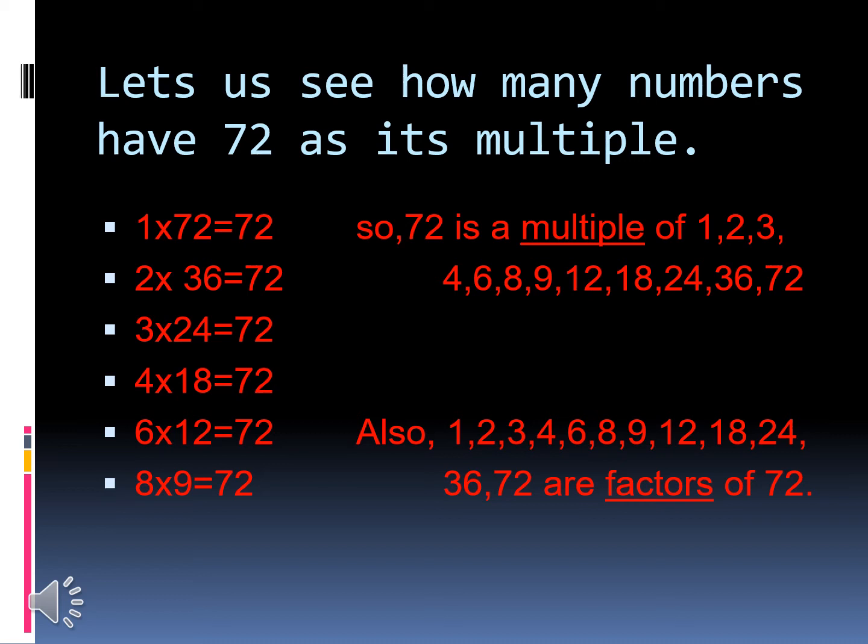Now if you see the multiplier and the multiplicand, the multiplier keeps on increasing and the multiplicand keeps on decreasing. If you see the third example, the multiplier is 3 and the multiplicand is 24. How is it divisible by 3? Because the sum of the digits of 72, that is 7 plus 2, is 9.